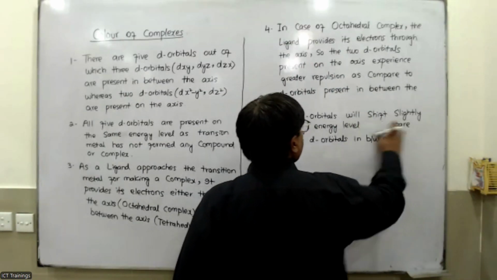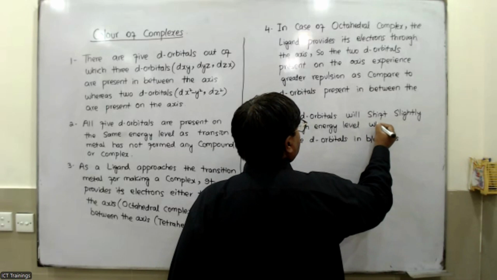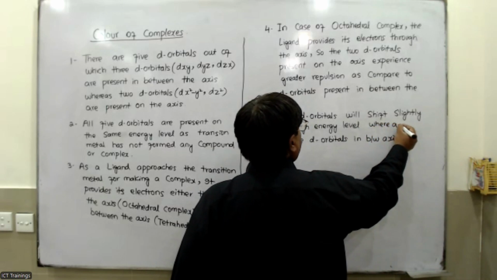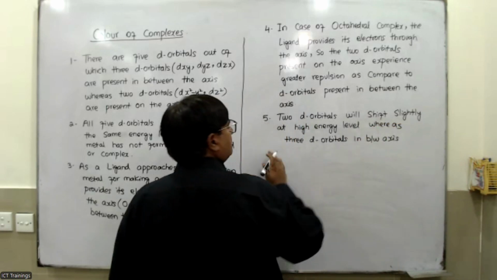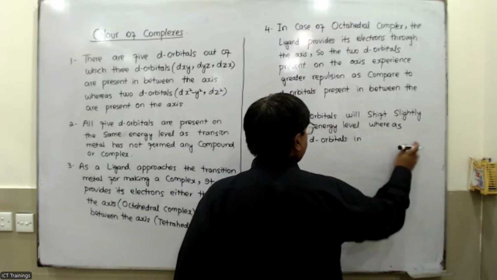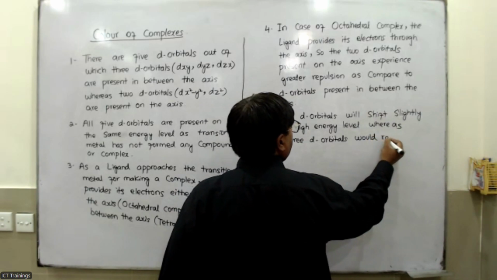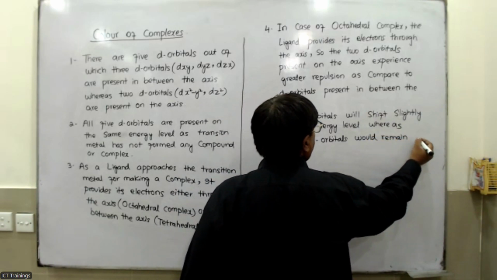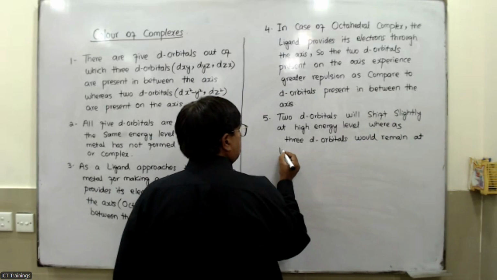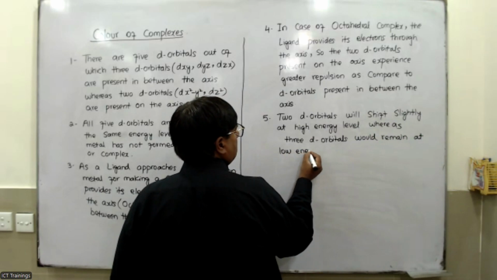So two d orbitals will shift slightly at high energy level, whereas the three d orbitals would remain at low energy level.